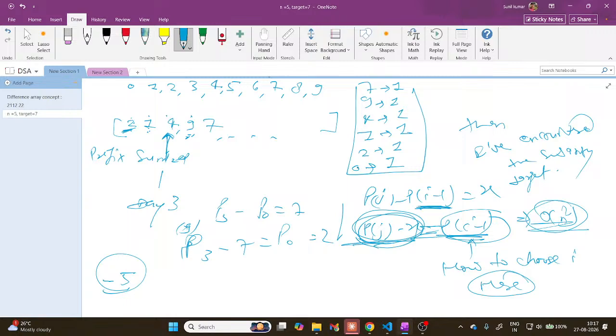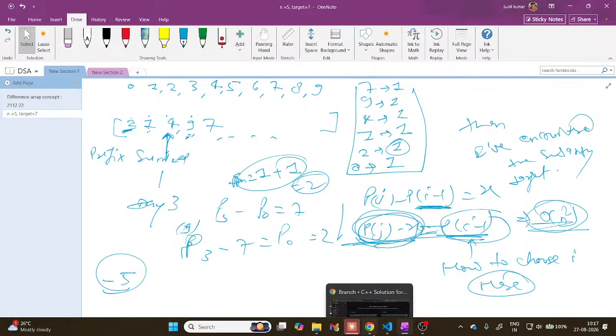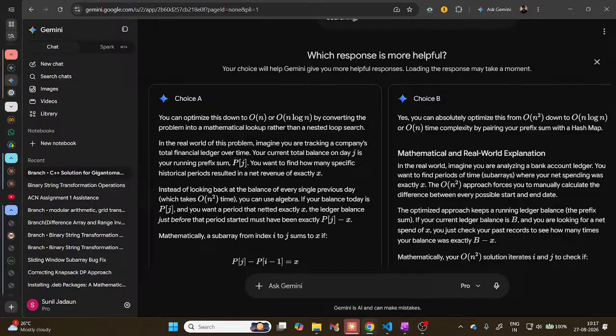Now if I go 2 minus 7, that's not there. 1, 4, okay. 9 minus 7, 2 is there, right? So I add one time. Answer is equal to 1 plus. Now again, 7 minus 7, 0. This is again 1. Answer is 2, guys. I think that is the only way it should have solved.